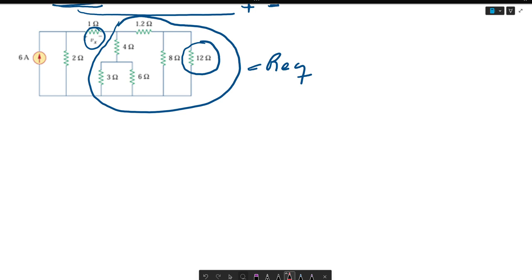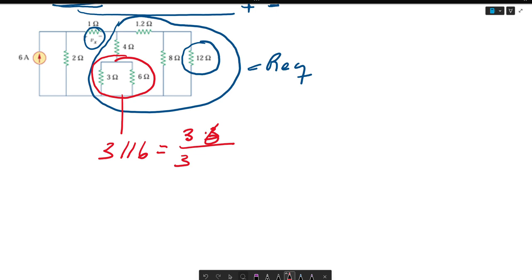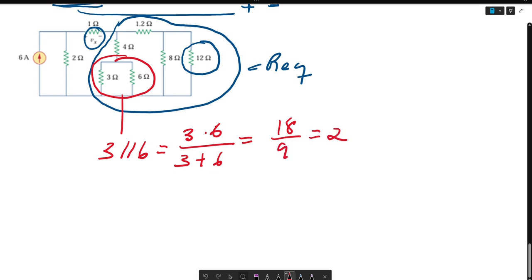This is practice from lecture 3, where we talked about resistance equivalence. So this here are 2 resistors in parallel, 3 parallel 6, which is equal to 3 times 6 over 3 plus 6, which is equal to 18 over 9, or equal to 2 ohms.